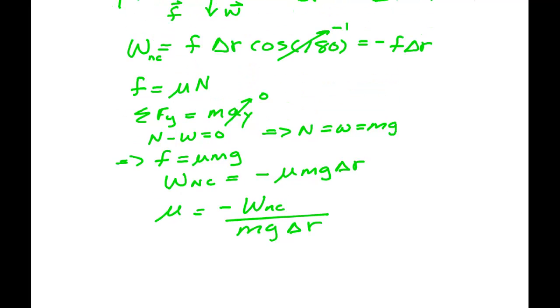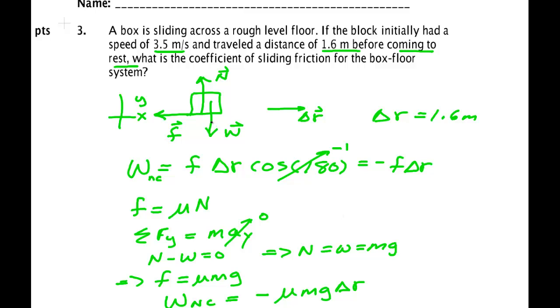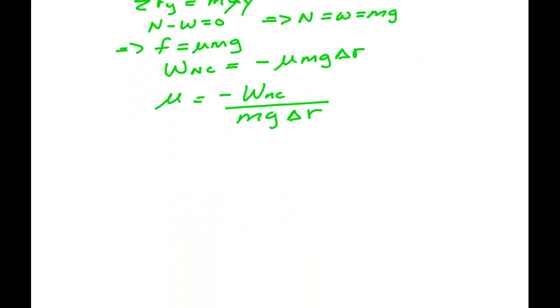Now when I look at this block back here, the work by gravity is 0 because it's perpendicular displacement. The work by the normal is 0, it's perpendicular displacement. The only force doing work is friction, so the work by friction is the net external force.